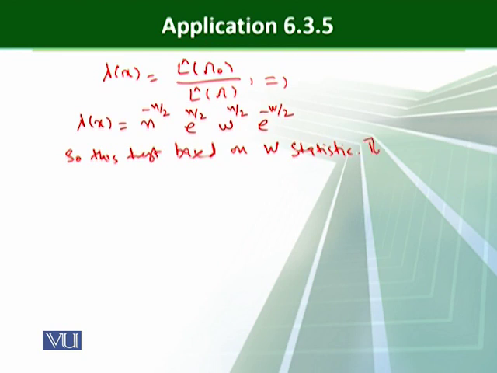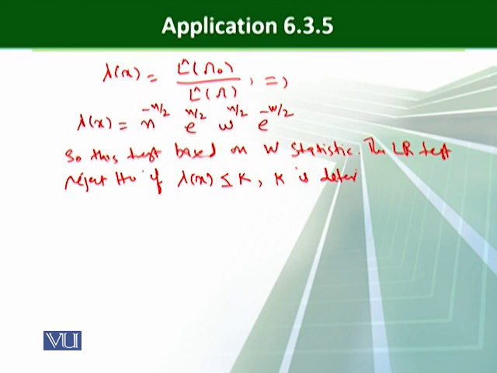So the likelihood ratio test rejects H naught if lambda x is less than or equal to k, and k is determined by the size condition.